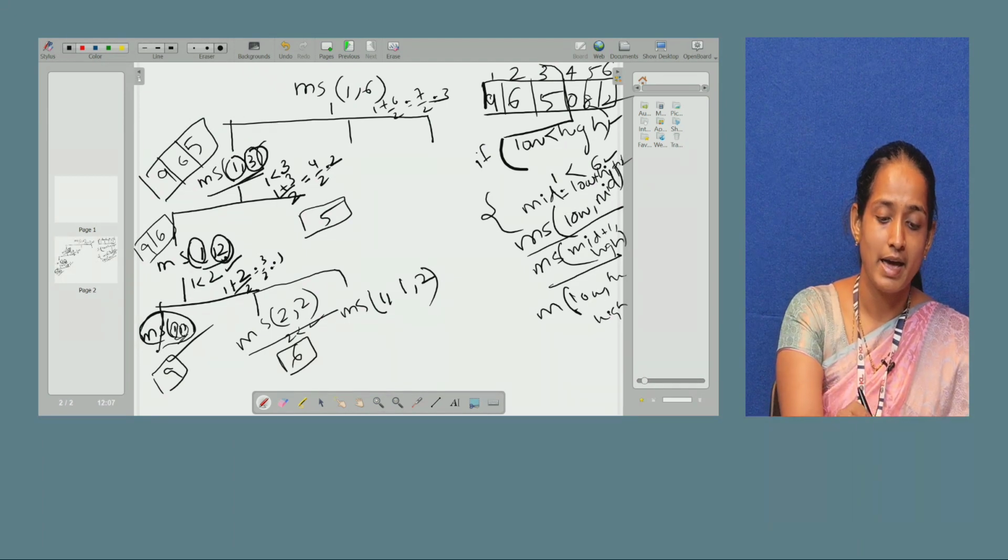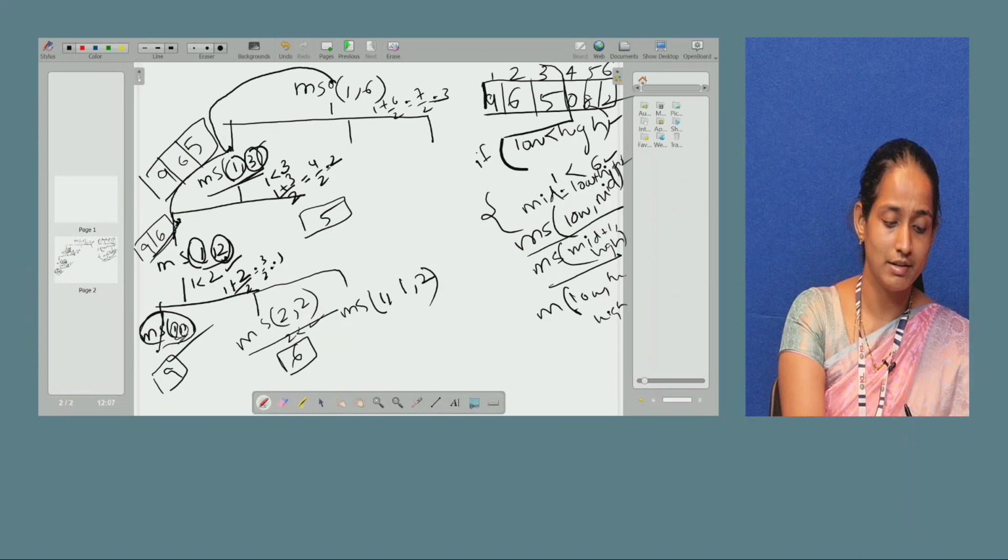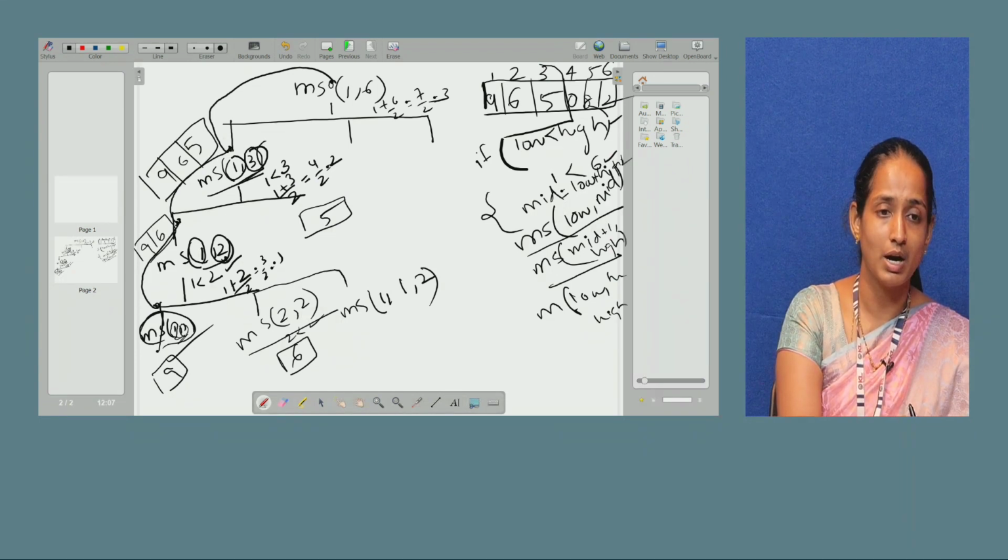Whenever I have ms of 1 comma 6 containing the list of elements 9, 6, 5, 0, 8, 2, it is divided into half, that is 3 elements 9, 6, 5, and then internally divided into half, that is 9 comma 6 into one list and 5 into another list. Then the left part is again divided into half, that is 9 and 6.